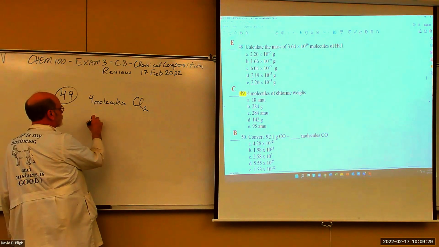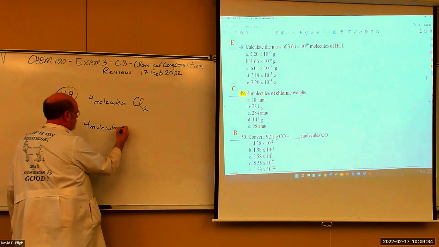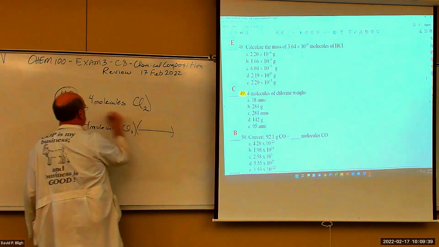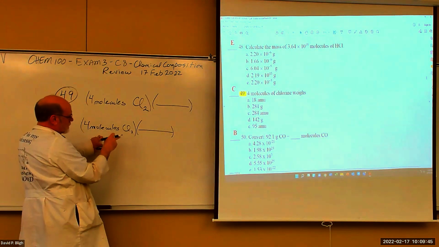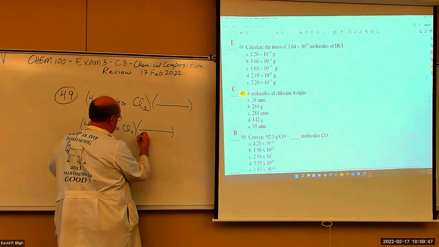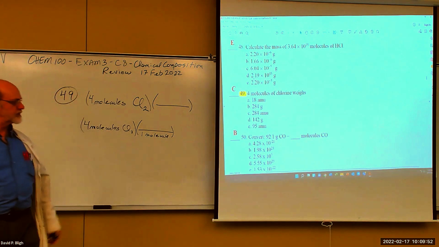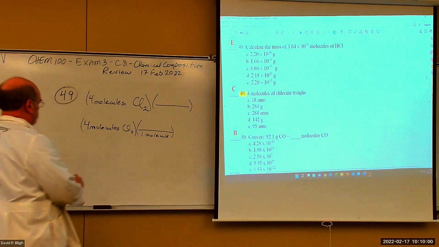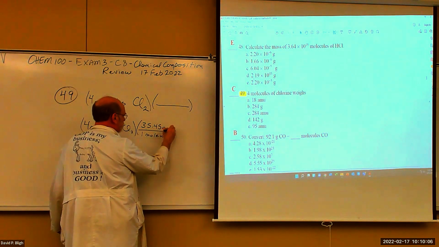If we did 4 molecules of this, and then did this one in atomic mass units, we would say 1 molecule is how many atomic mass units? Chlorine, 35.45 AMU.